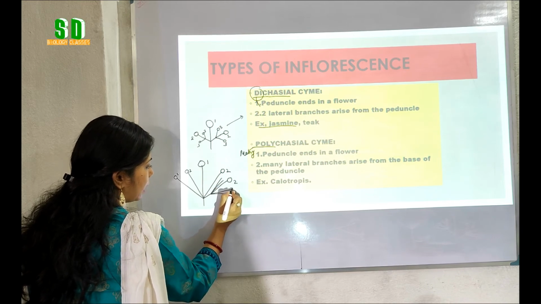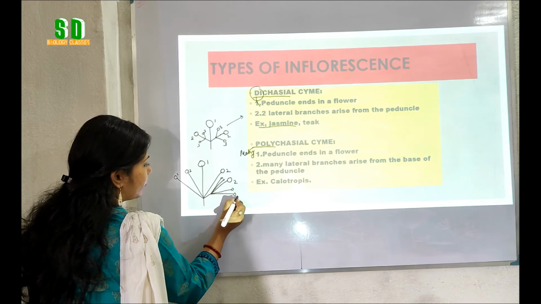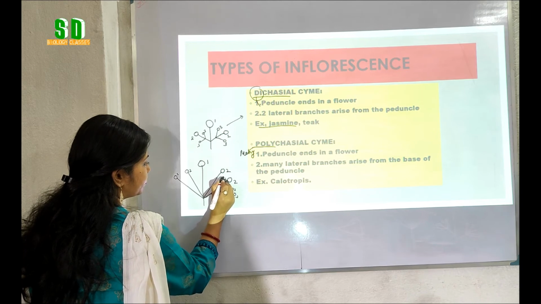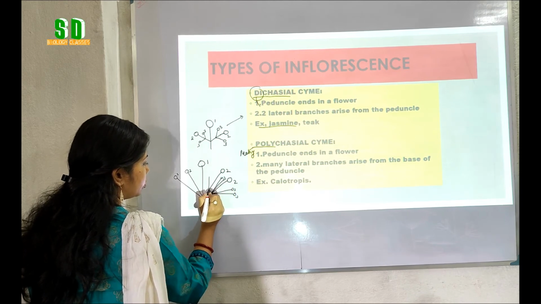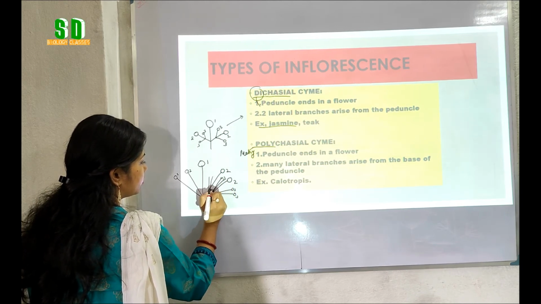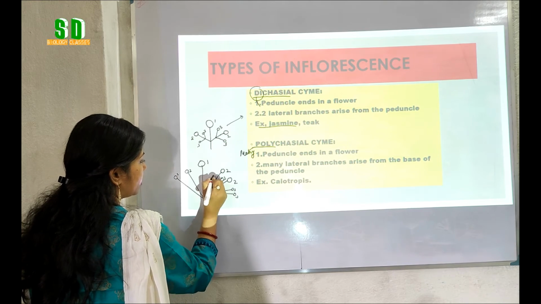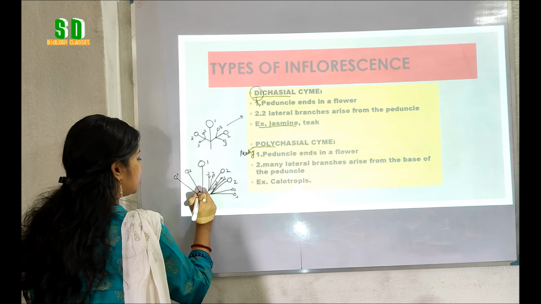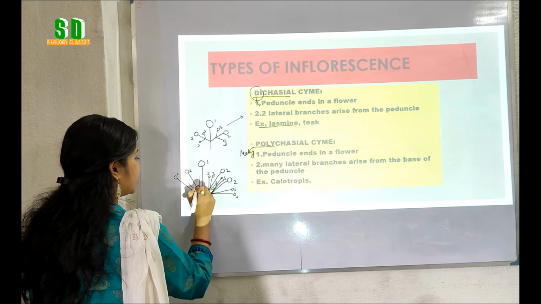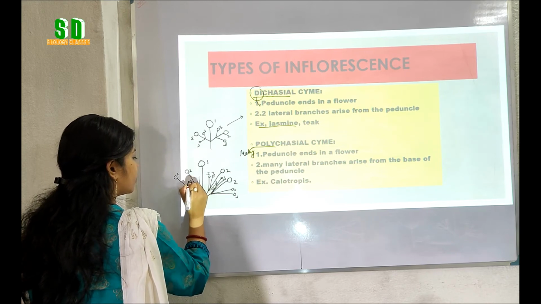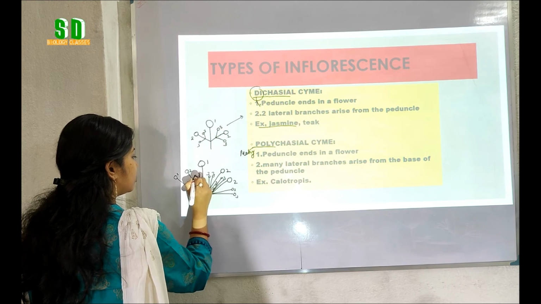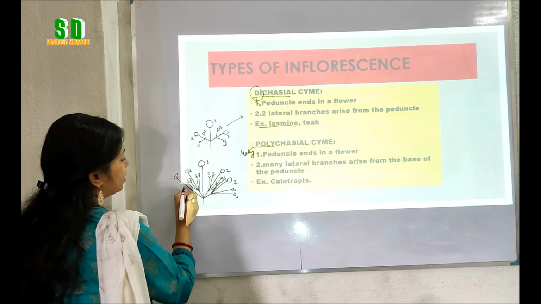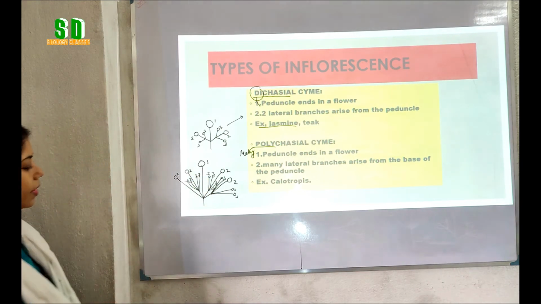So all these flowers are flower number 3. Here also we are getting many branches and each branch terminates in a flower. These are also flower number 3. Here also we are getting branches. They also terminate in flowers and all those are flower number 3.